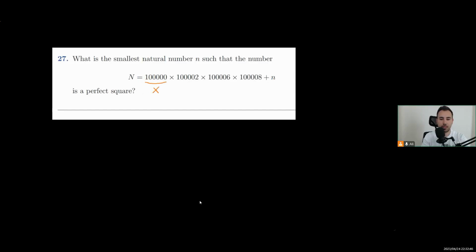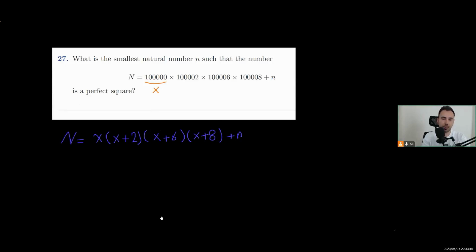So the expression turns into x multiplied by x plus 2, multiplied by x plus 6, and multiplied by x plus 8, and plus n. This is supposed to be a square.